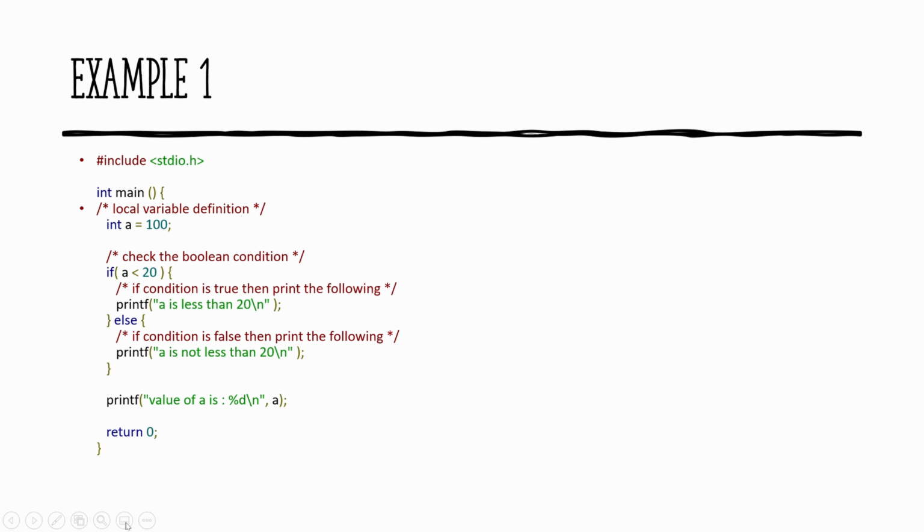If we had used user defined functions, then int a equals 100 would become a global variable, which means that this variable could be used in the user defined function and any other functions.